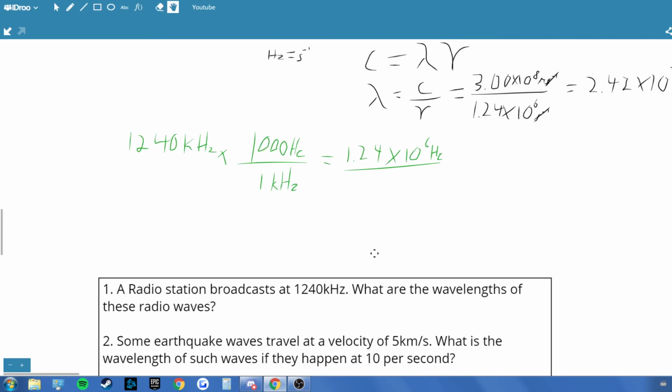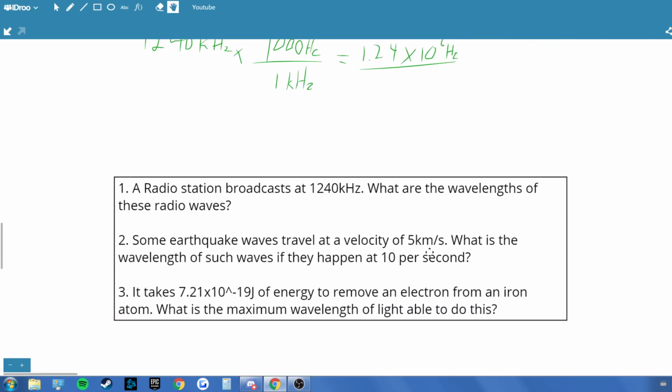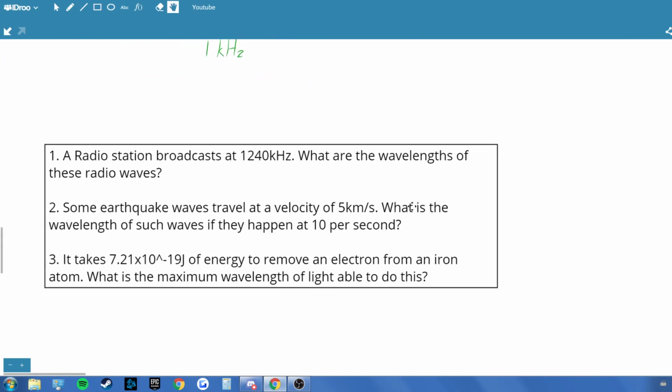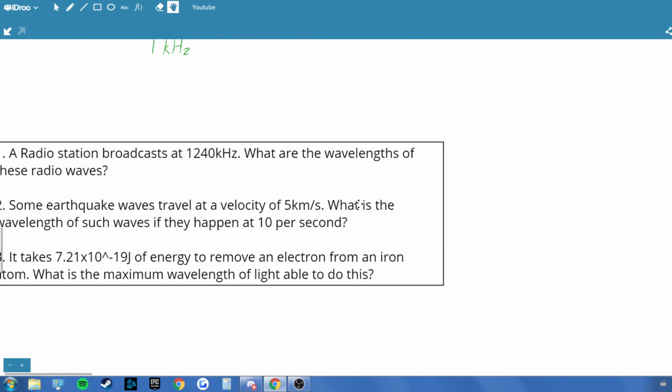It is not electromagnetic radiation, and it moves at a different speed. So we have to make our own formula. We can still have lambda and nu, but we can't have c.